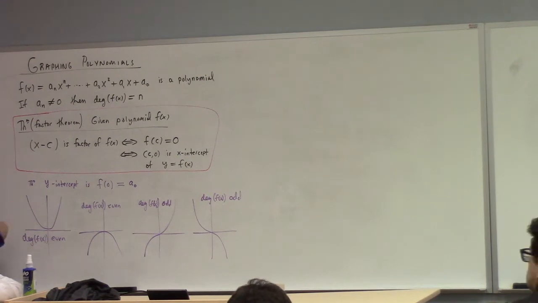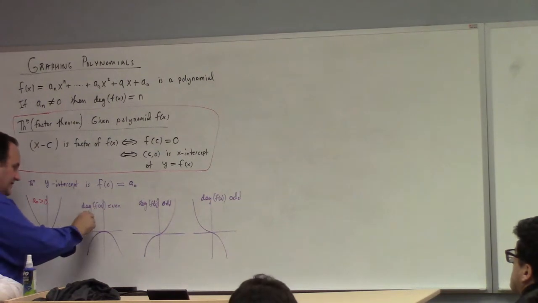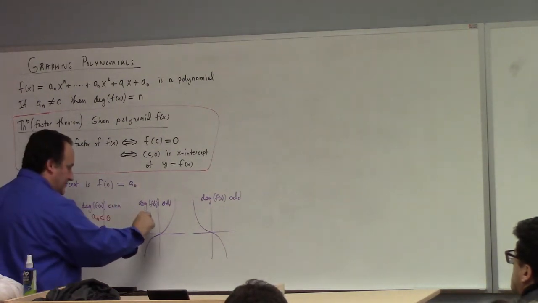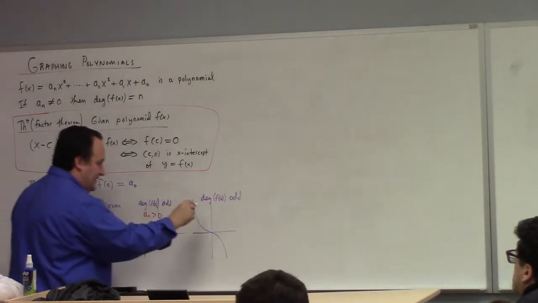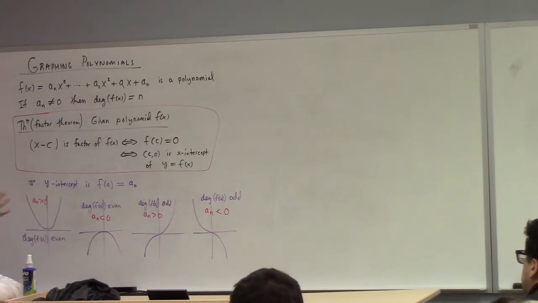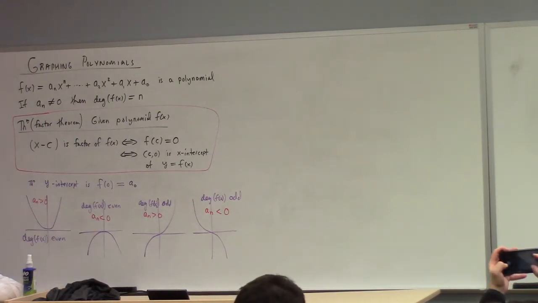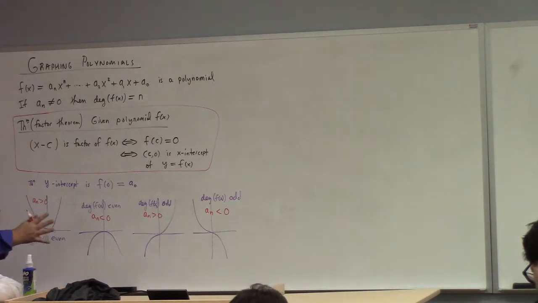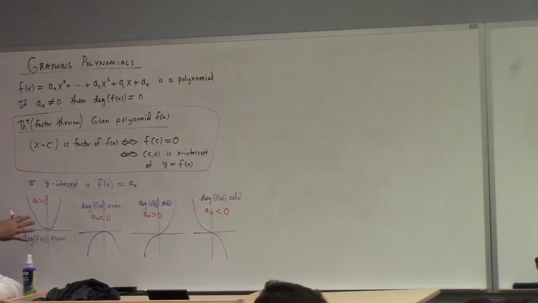This is even with a sub n positive. This is even with the leading coefficient negative. This is odd with the leading coefficient positive. This is odd with the leading coefficient negative. So these 4 pictures are what the graph y equals f of x looks like for a polynomial if we're a million miles away. This is the global behavior, the large-scale behavior of our examples. We should be looking for these kinds of patterns in our examples.